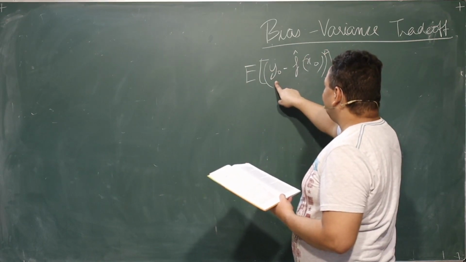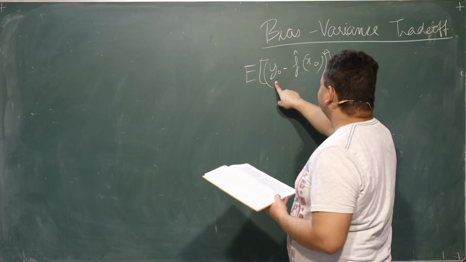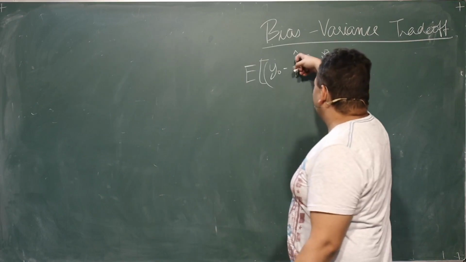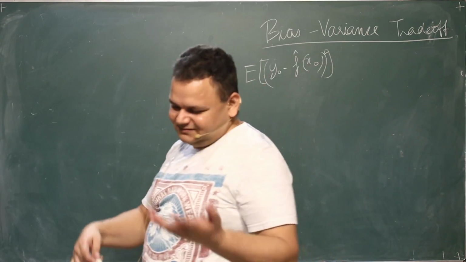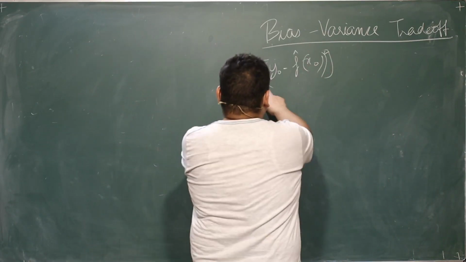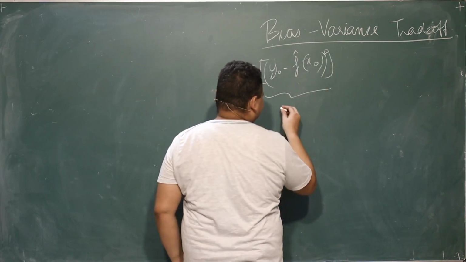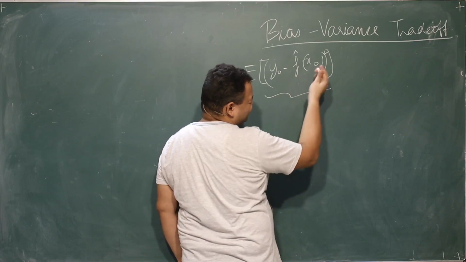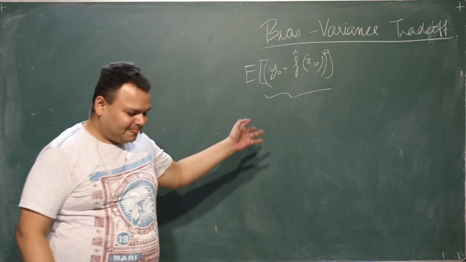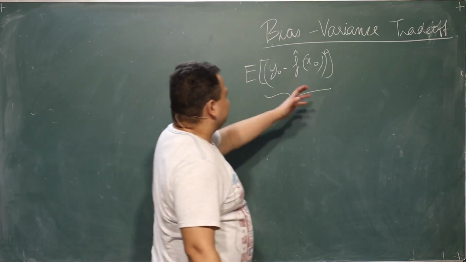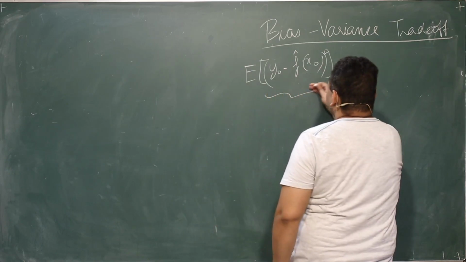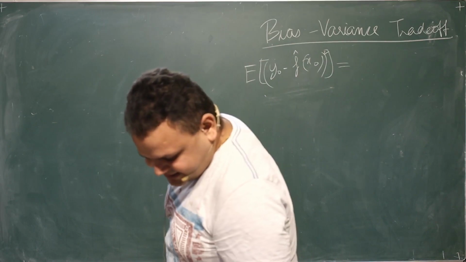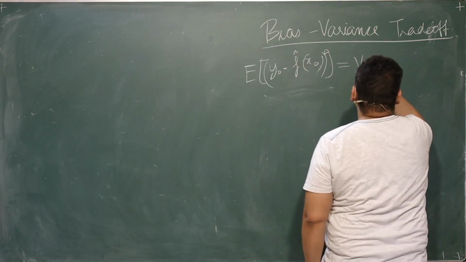What is y0? y0 is your actual value. f hat x0 is your estimated value. So this is the square of the residual. Okay, so what is the expected value of this equal to? This can be divided into two parts.